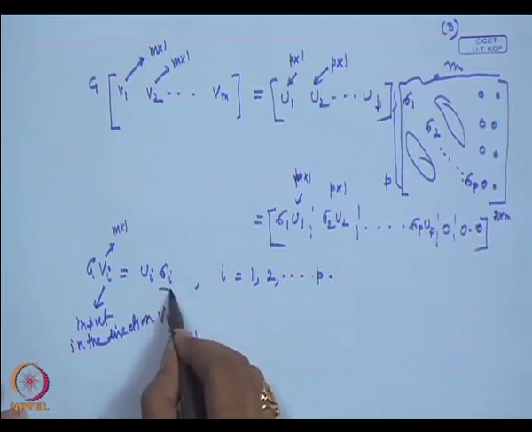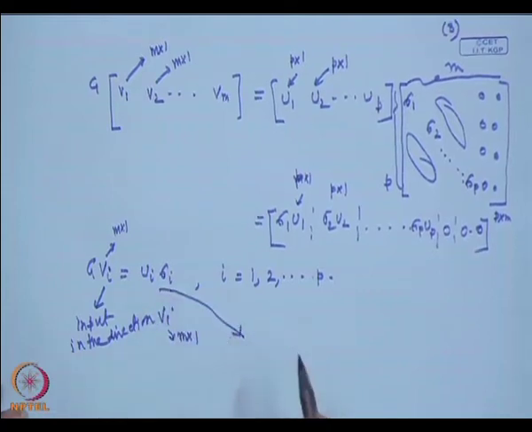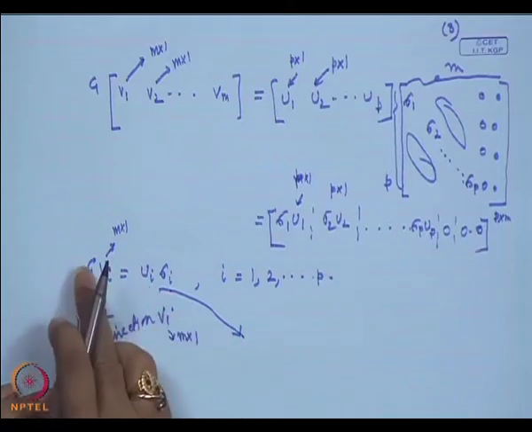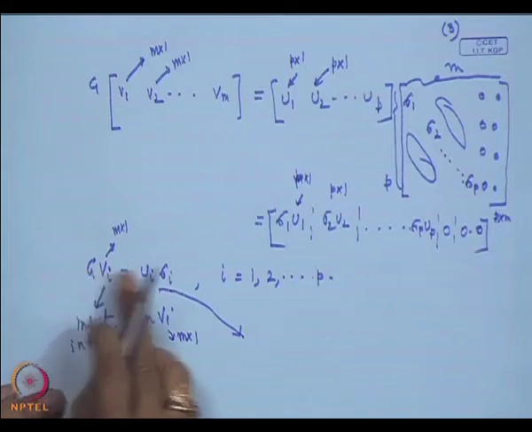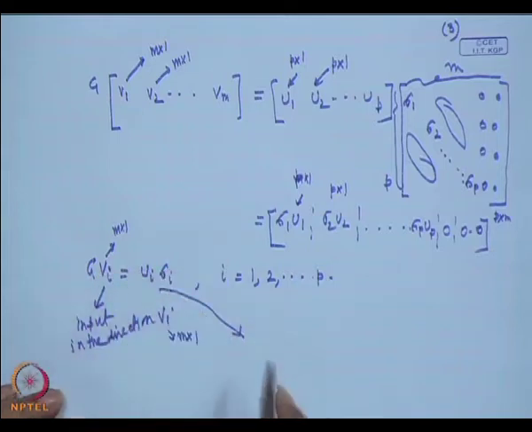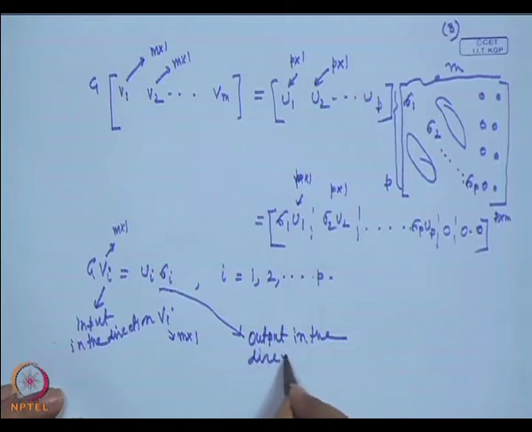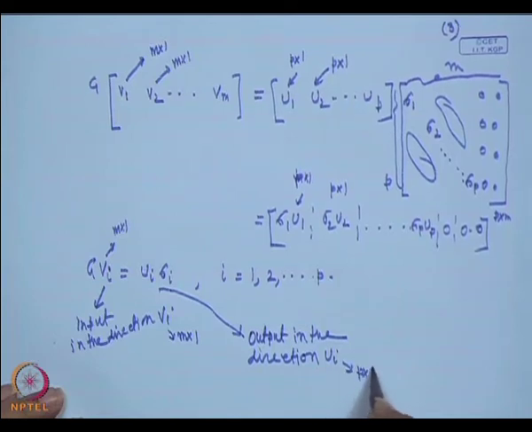The system transfer function multiplied by the input vector gives the output, so u is the output in the direction u i, whose dimension is P cross 1.